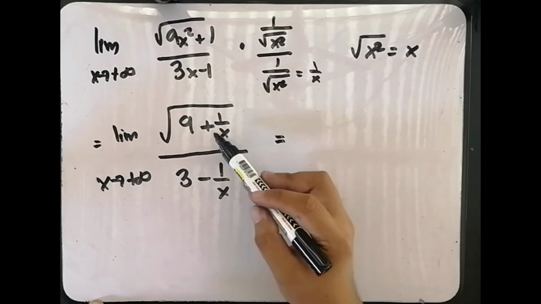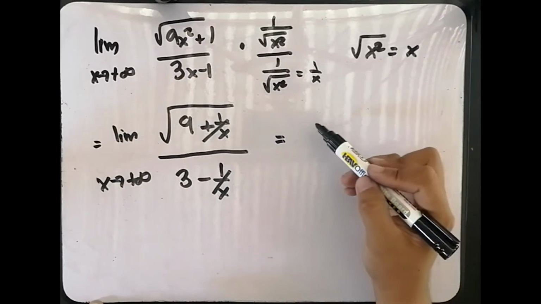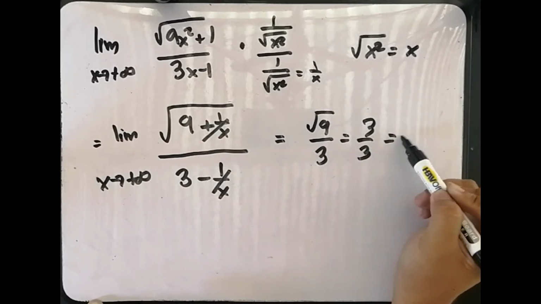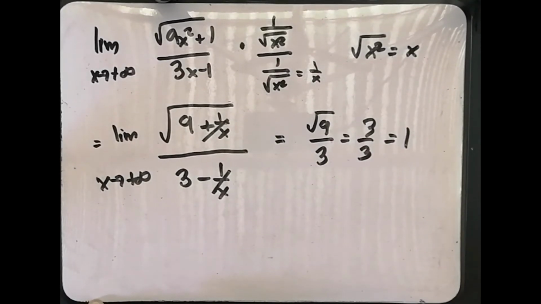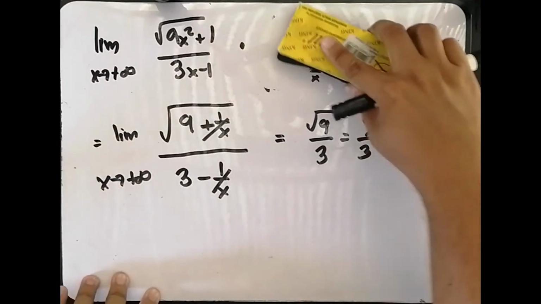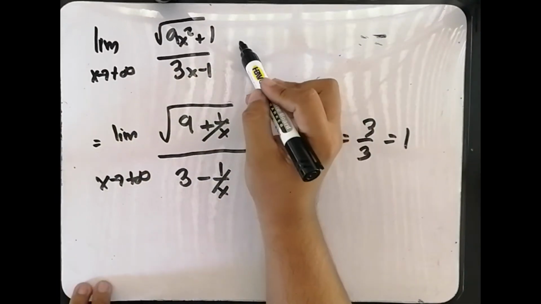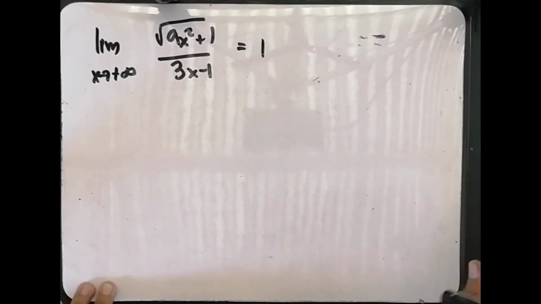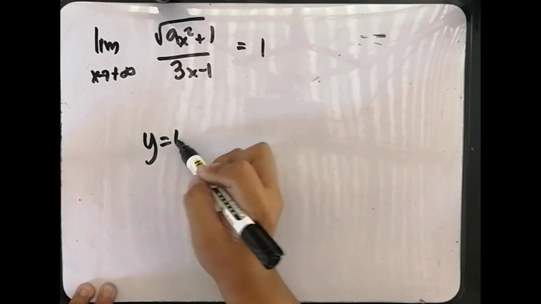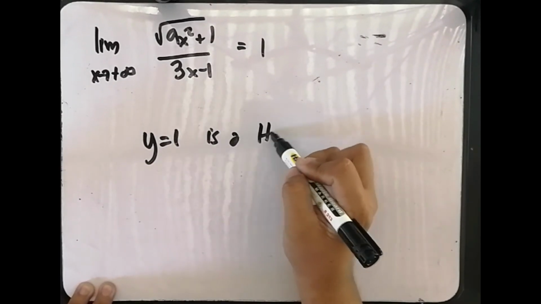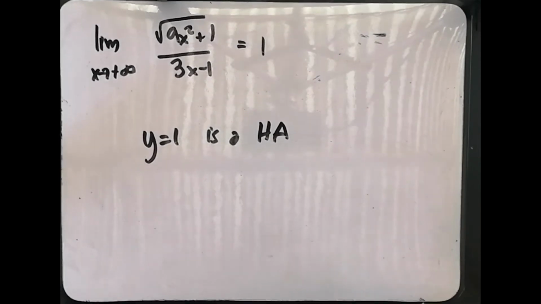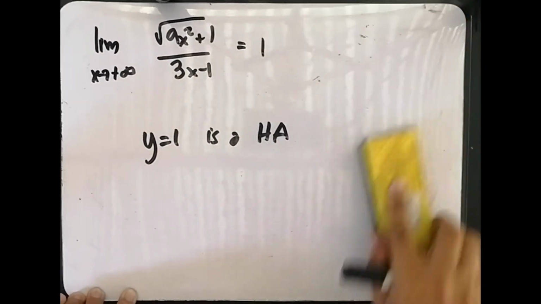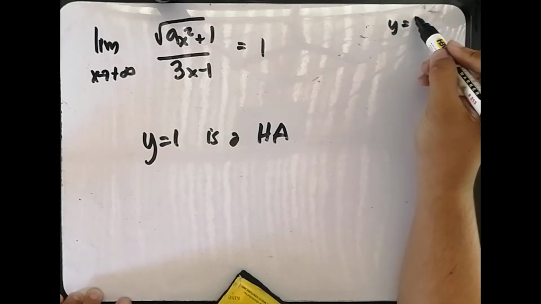By substitution, we know those two terms go to 0. So, square root of 9 over 3, or 3 over 3, equals 1. Therefore, the limit of the function as x approaches positive infinity is equal to 1, which tells us that, by definition, y equals 1 is a horizontal asymptote.